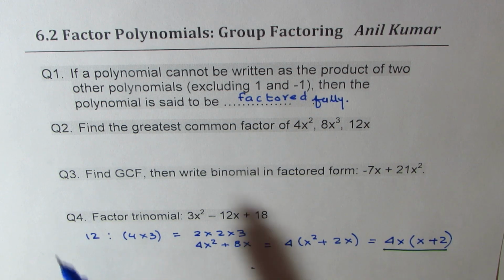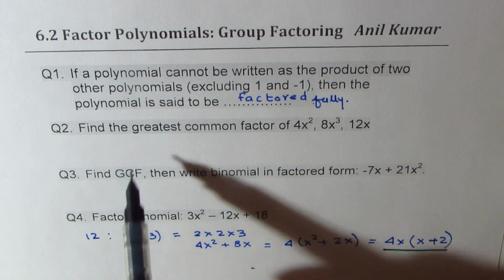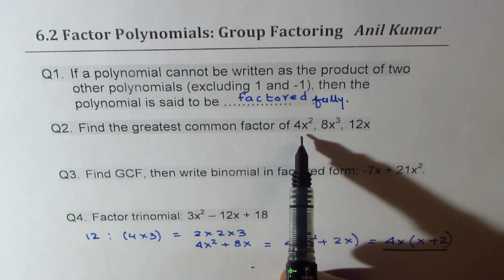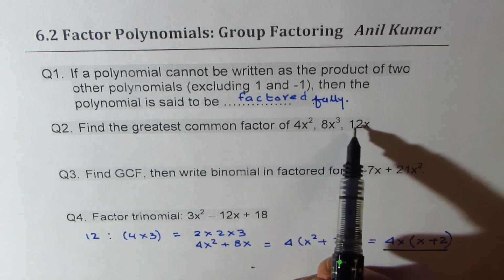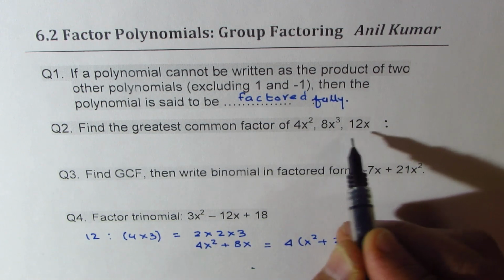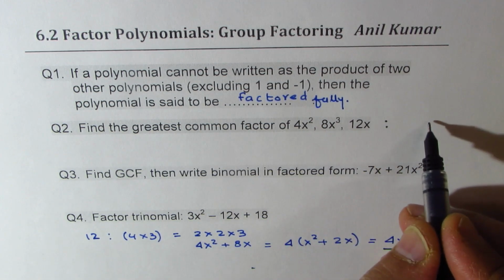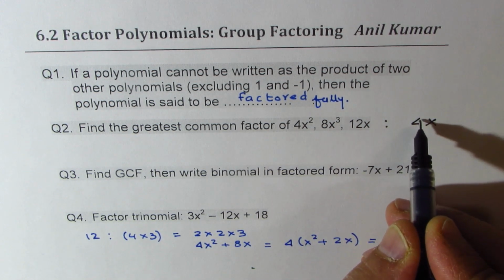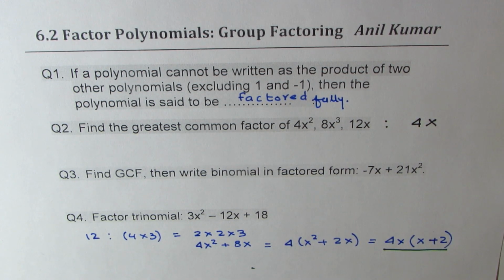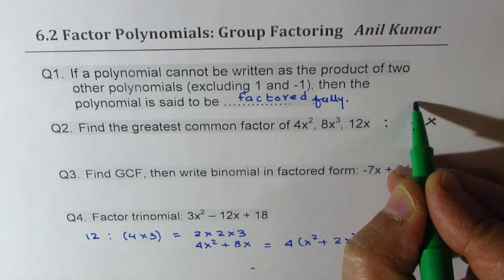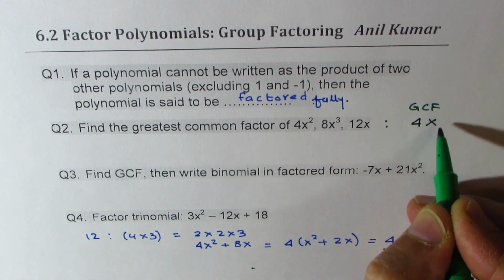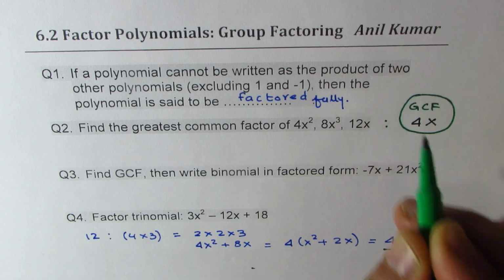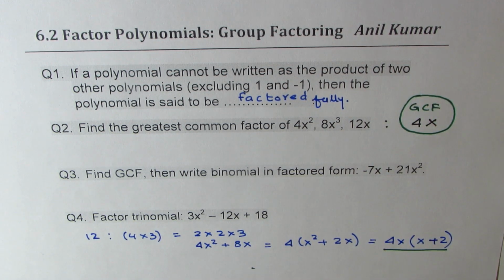Now let's take up the questions one by one. Question number 2. Find the greatest common factor for 4x squared, 8x cubed and 12x. Well, clearly, x is common as far as the variables are concerned, and as far as numbers are concerned, 4 is common. So 4x is the answer. So the greatest common factor is 4x for question number 2. Correct? Question number 3.